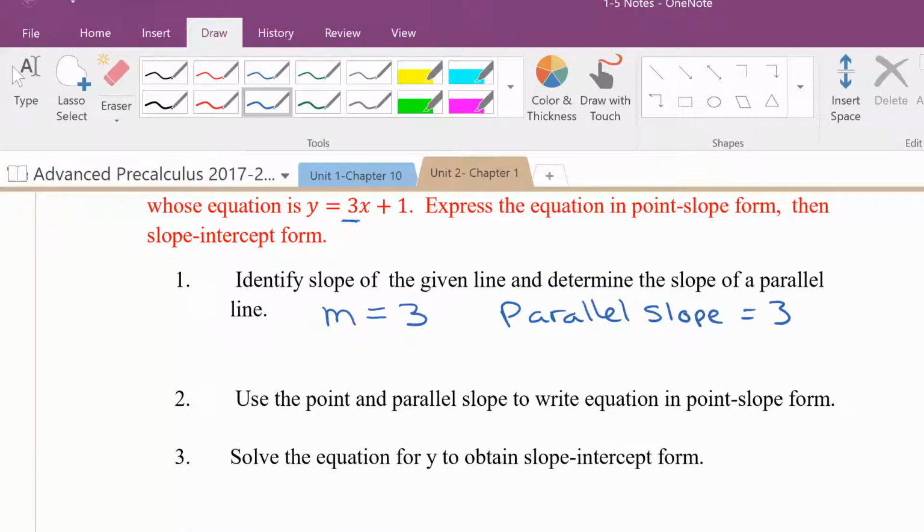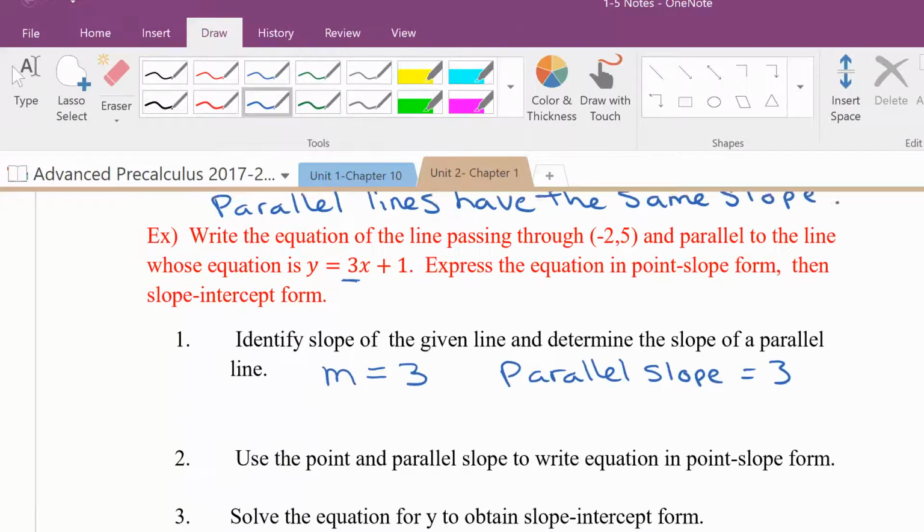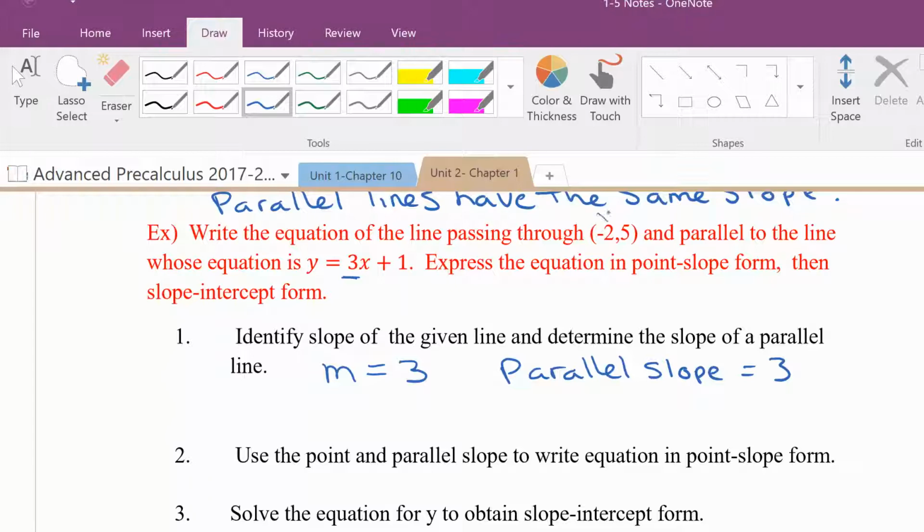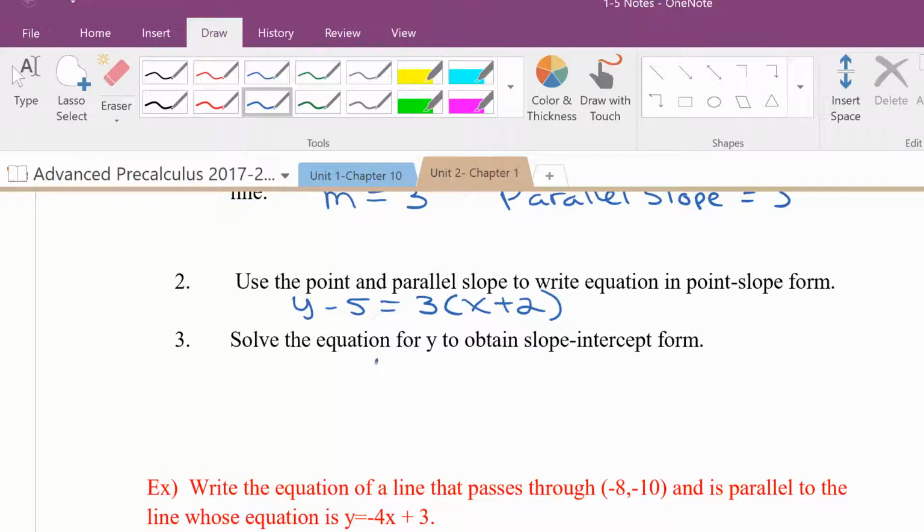So then we can take this point, the x1 and y1, and the slope, so y minus 5 equals 3 times x plus 2, and we can write an equation for a line. So we distribute the 3 and add the 5, so y equals 3x plus 11.